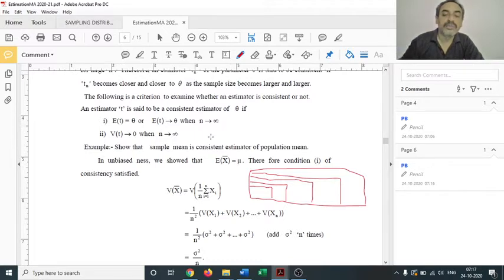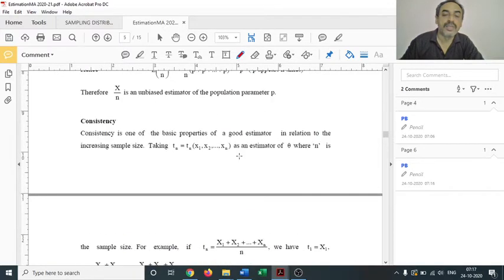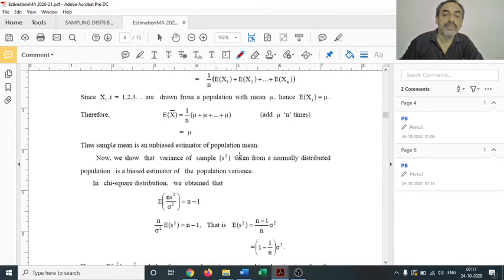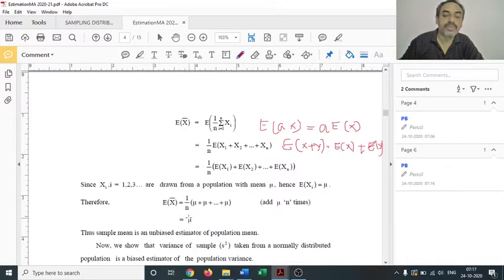So in the case of this sample mean, E of x bar equal to mu. So the first condition, E of T equal to theta, is satisfied. Here T is x bar and mu stands for theta. It was examined along with unbiasedness. We discussed the same property in unbiasedness and it is obtained as mu.